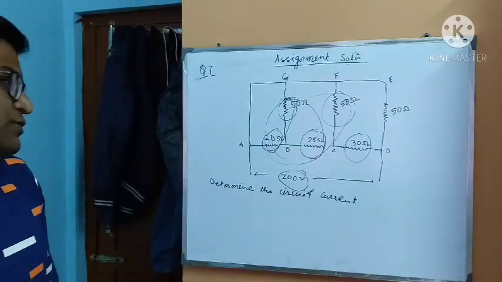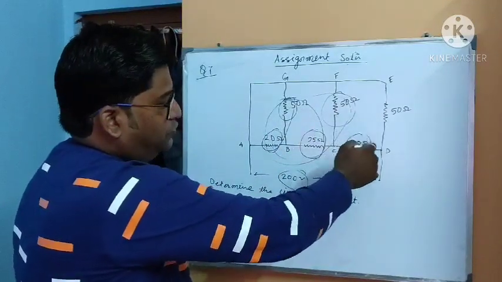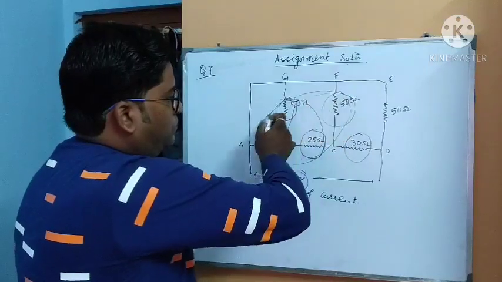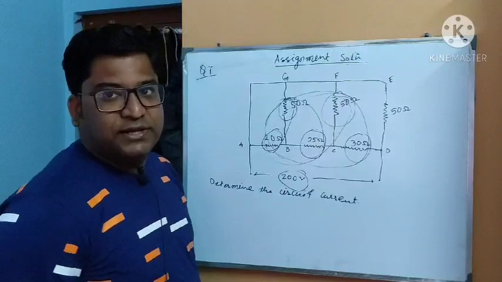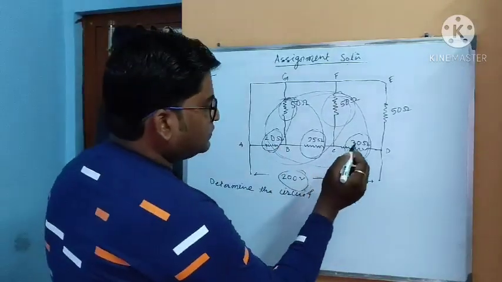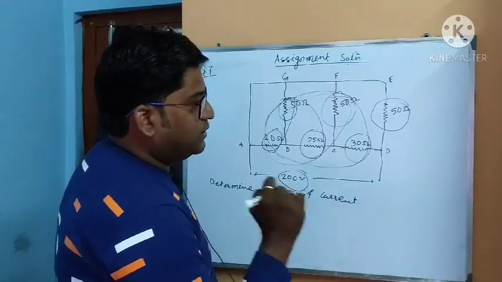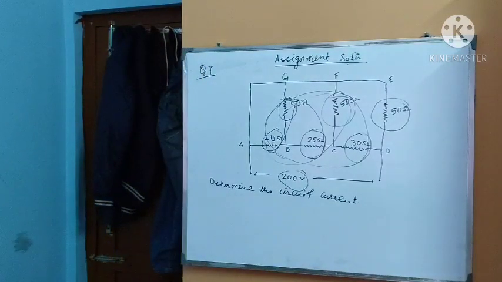Now this combination of these four resistances and this 30 ohm resistance is in series, and the combination is in parallel with this 50 ohm resistance. In this manner we can easily calculate the total resistance offered by this circuit arrangement.